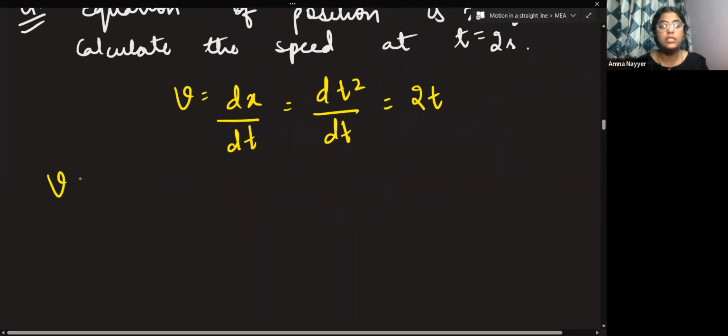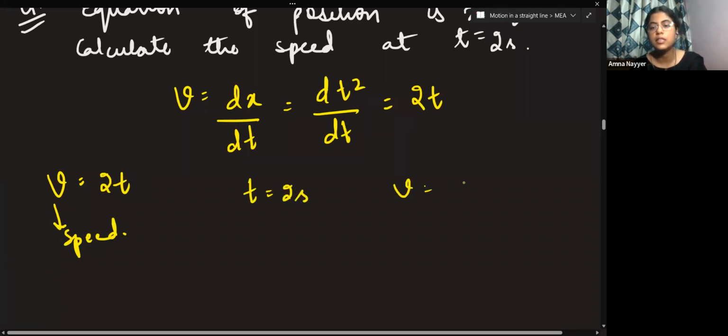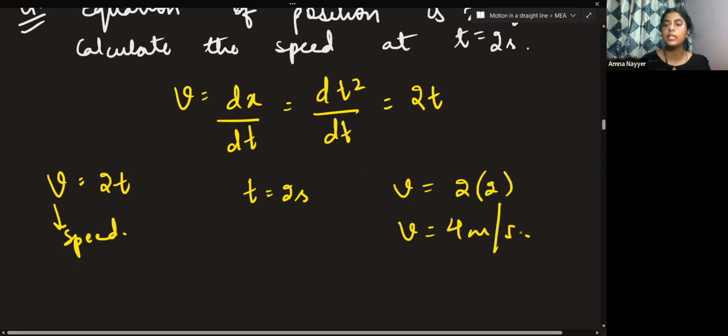So speed is 2t. Now we have the equation for speed. Now we can put t equal to 2 seconds. Instead of t, write 2. You get the speed as 4 meters per second. This is how differentiation will help you. So before anything, just note it down. First note down this part.